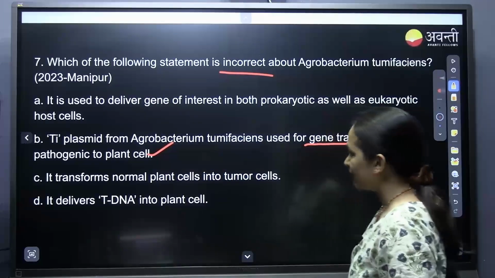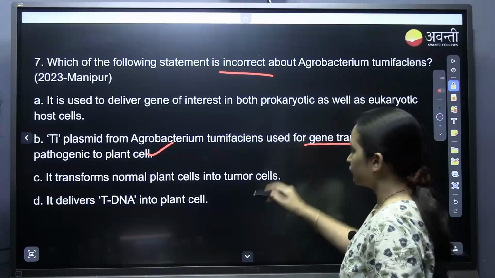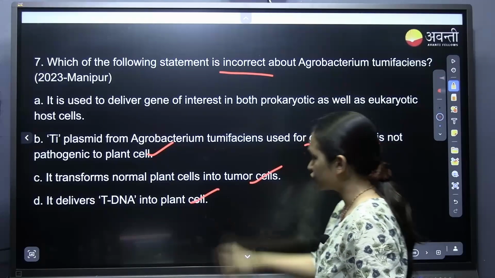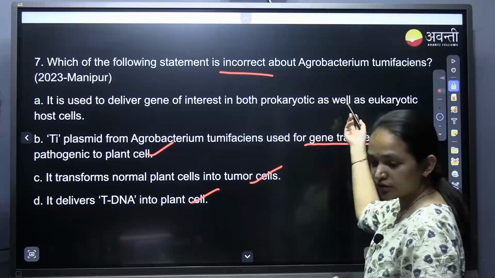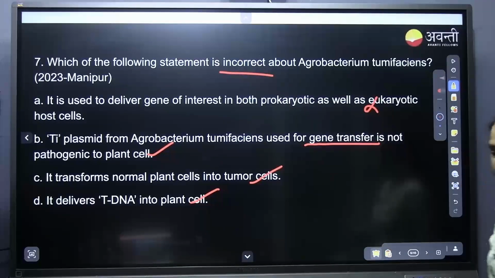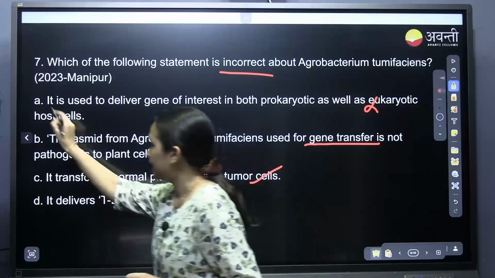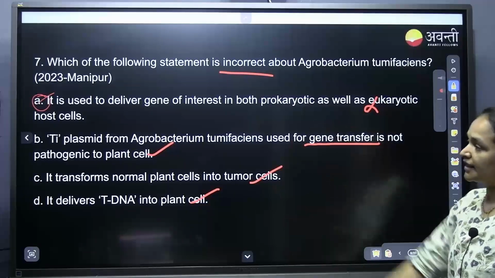It transforms normal plant cell into tumor cell. Agrobacterium tumefaciens does that. It delivers T-DNA into the plant cell. This is also true. But is it used to deliver the gene of interest in both prokaryotes and eukaryotes? No, it doesn't. So we got it in the first option itself. Statement A is the wrong statement. So A is the correct answer.